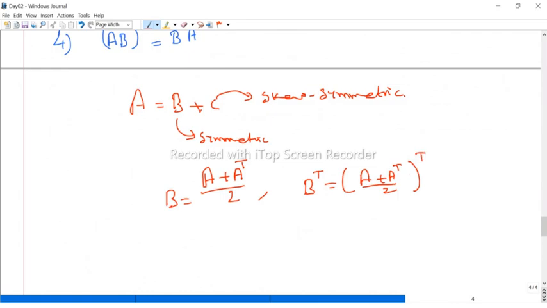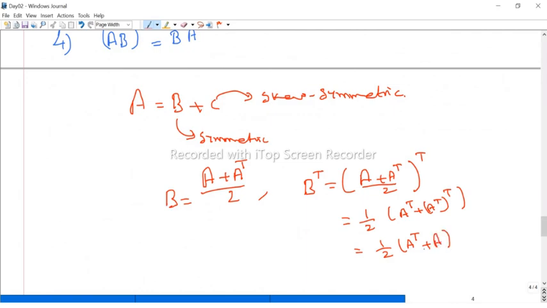Now 1 by 2 is a scalar, so we can take it outside. And then A plus A transpose whole transpose is A transpose plus A transpose transpose, by the property A plus B whole transpose equals A transpose plus B transpose, where here A equals A and B equals A transpose. Again, we know that A transpose transpose is nothing but A.